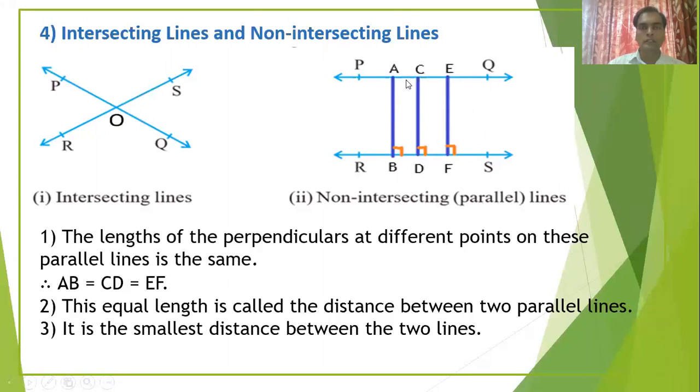They are extending indefinitely, but even if they are extended, at no point will they intersect or meet each other. Such lines are called non-intersecting lines or parallel lines. So line PQ and line RS are non-intersecting lines, or we can say parallel lines.